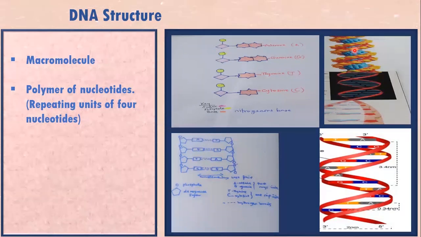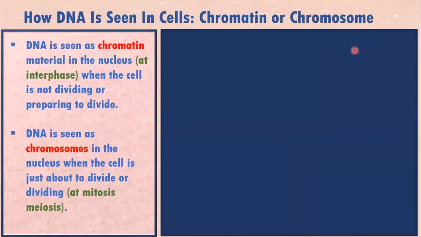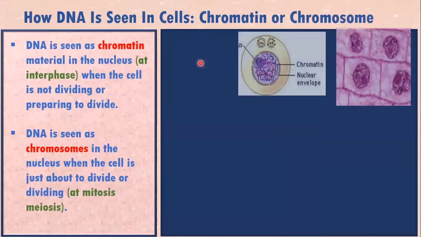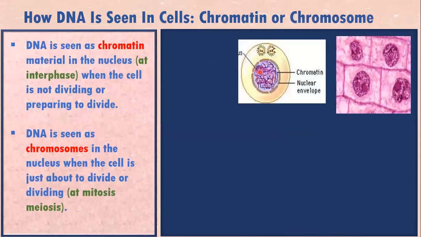Now, the next thing to think about is, how is DNA seen in cells? When the cell is not dividing or preparing to divide, the stage we call interphase, we can see the DNA as chromatin material, as threads, just threads wound up in the nucleus of a cell.